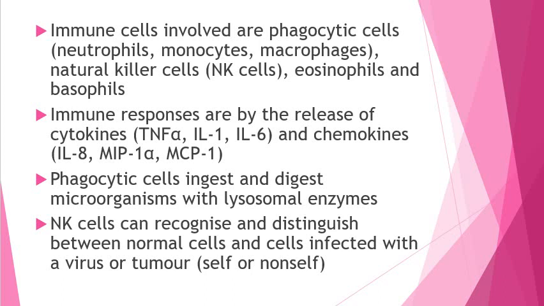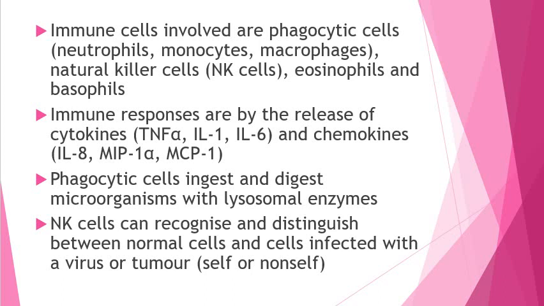Immune responses are mediated by the release of cytokines. Cytokines is a general term used for the signaling molecules. Cytokines include TNF alpha or tumor necrosis factor alpha, interleukin 1 and interleukin 6, and chemokines. Chemokines are specific cytokines that function by attracting cells to sites of infection or inflammation.